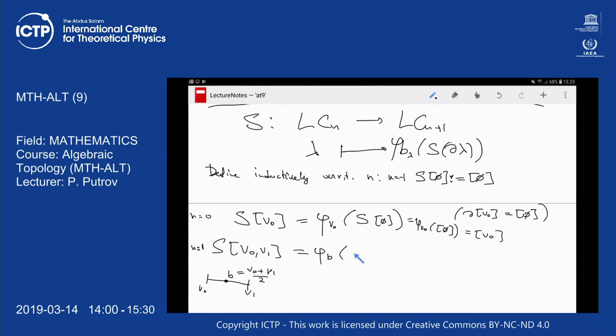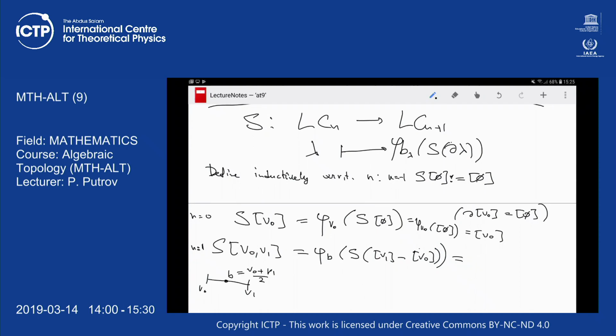And then we want S on the boundary homomorphism acting on this. So in the boundary homomorphism, first we remove V0, we have V1, and then with minus sign we remove V1, getting V0.